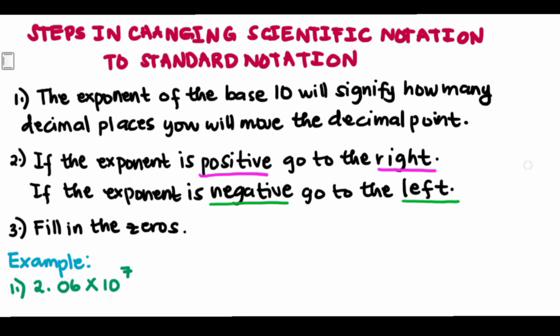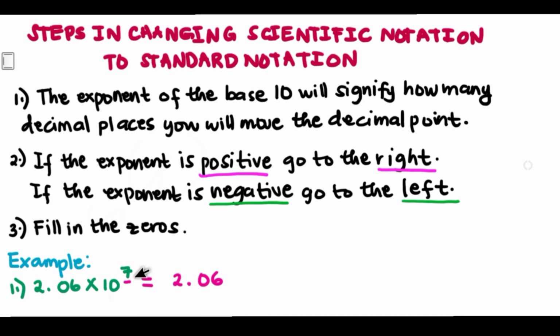Okay, let's have example. Number 1, 2.06 times 10 raised to 7. So, copyin lang yung 2.06. Ayan. So, sabi sa steps, step number 1, the exponent of the base 10, so ang exponent dito ay 7, will signify kung ilang decimal places yung i-move natin.